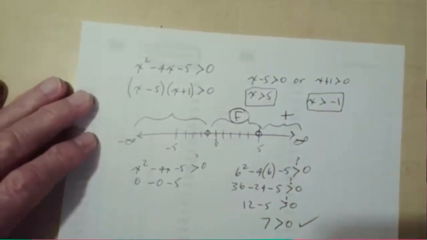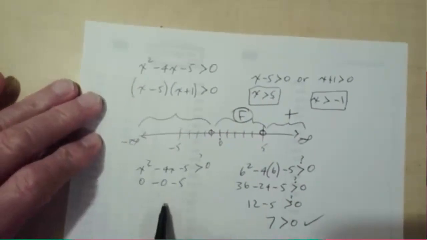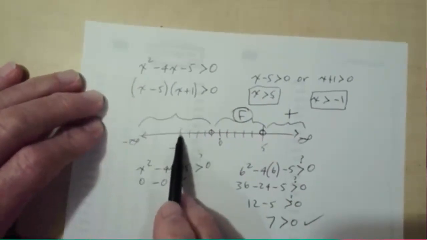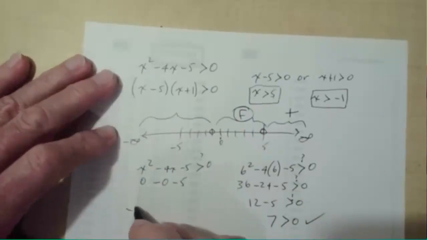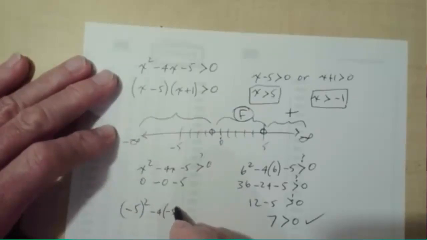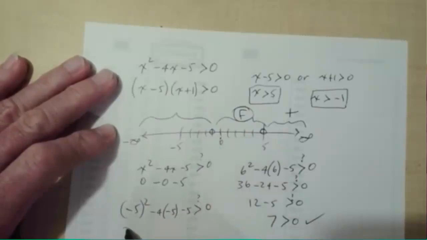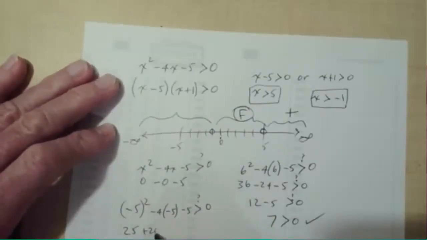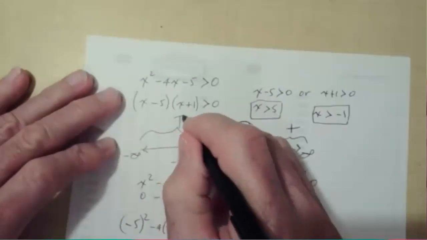It satisfies the equation. So now let's take negative 5. Negative 5 squared minus 4 times negative 5 minus 5. Is that greater than 0? 25, a minus and a minus is a plus, plus 20 minus 5. 45 minus 5 is 40. And we know that 40 is greater than 0. So this area is true also.